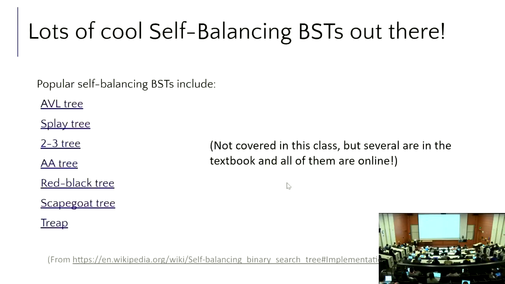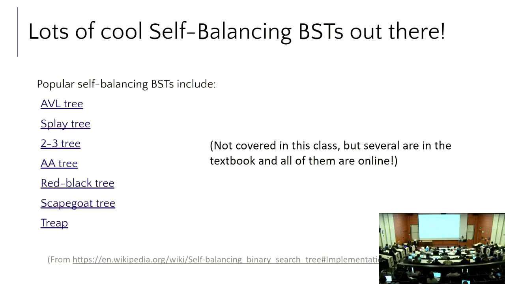Here is a delightful list of other self-balancing trees. AVL is kind of the canonical example of a self-balancing tree. We talked about invariants, right? It has the binary tree invariant, the binary search invariant, and then the balanced invariant. Here's a bunch of other self-balancing trees that have different invariants associated with them.